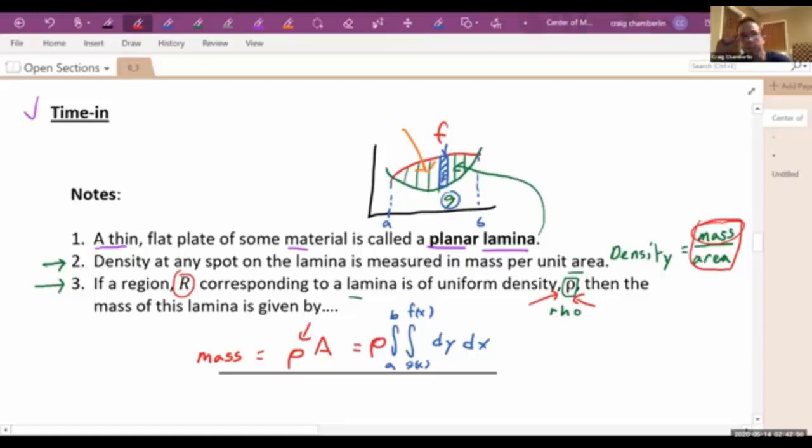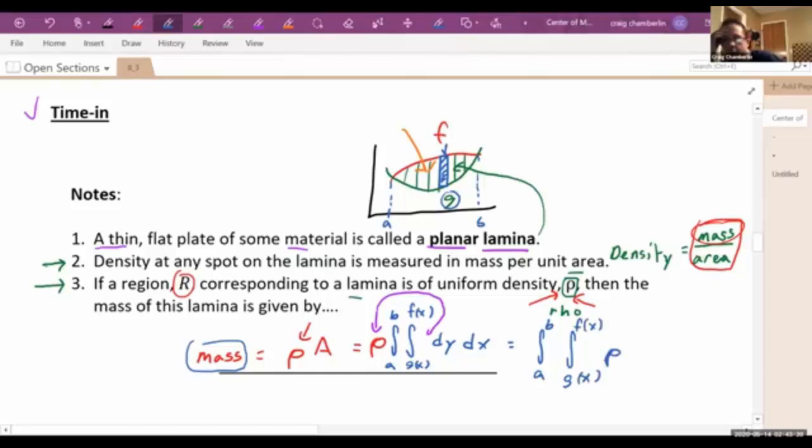Now, in Calculus 3, rho will not be a constant. And you actually have to have it on the inside of the integral. Because it is a constant, we can move it in there easily enough. And I'm going to do that for reasons that will soon become apparent, I think. So we get that the mass is equal to the integral from a to b of the integral from g of x to f of x.